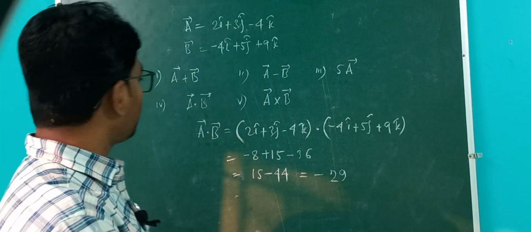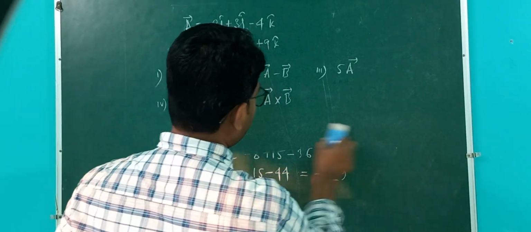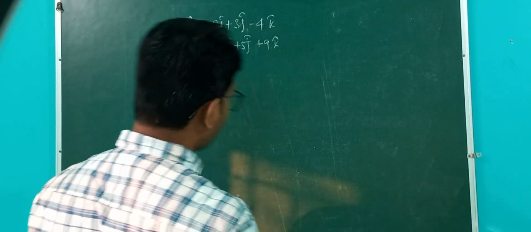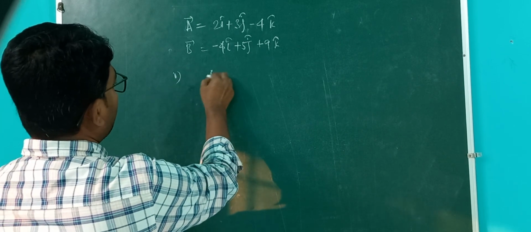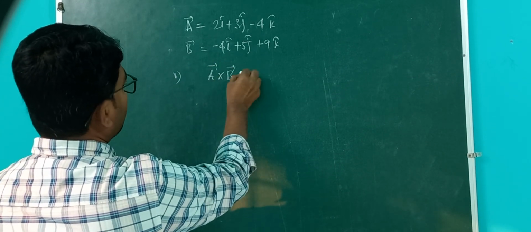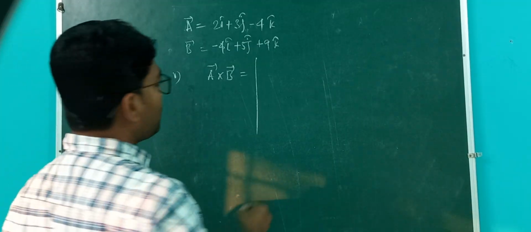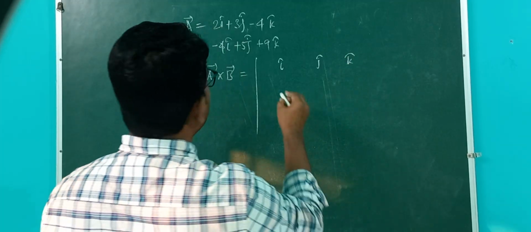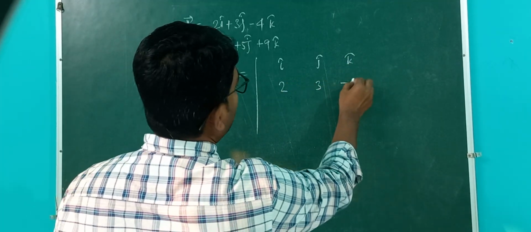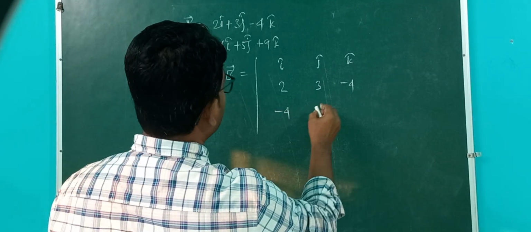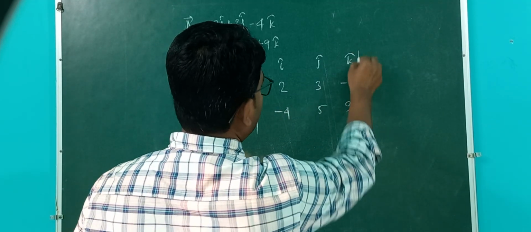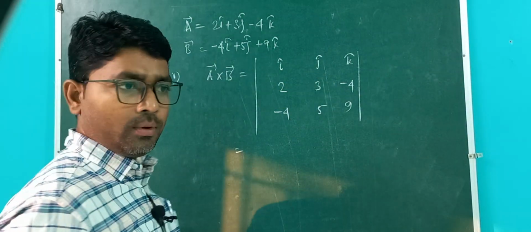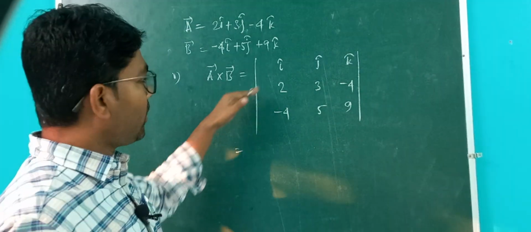Now the last one is the cross product, number 5, A cross B. How can we calculate A cross B? By taking the determinant with i, j, k; 2, 3, minus 4; minus 4, 5 and 9. You know the rule, we can calculate the determinant along any row or any column.